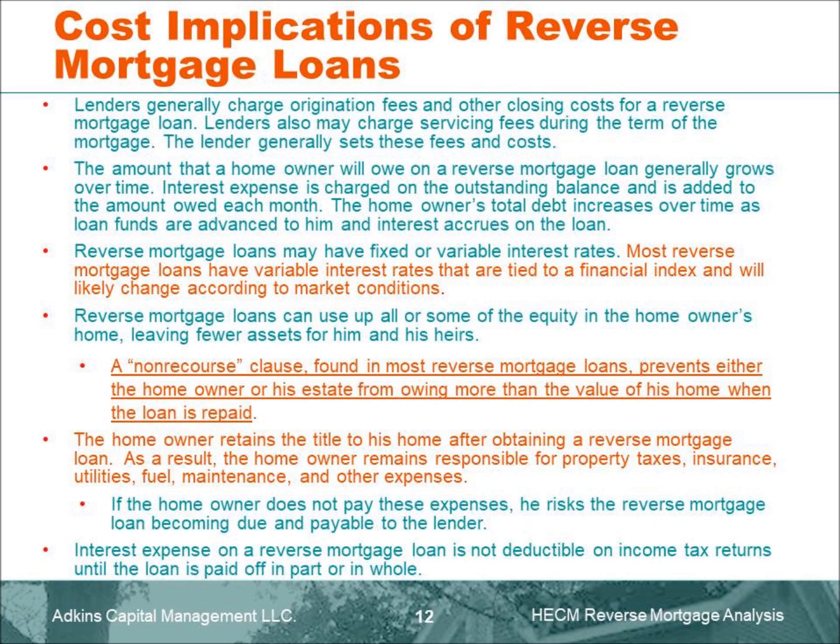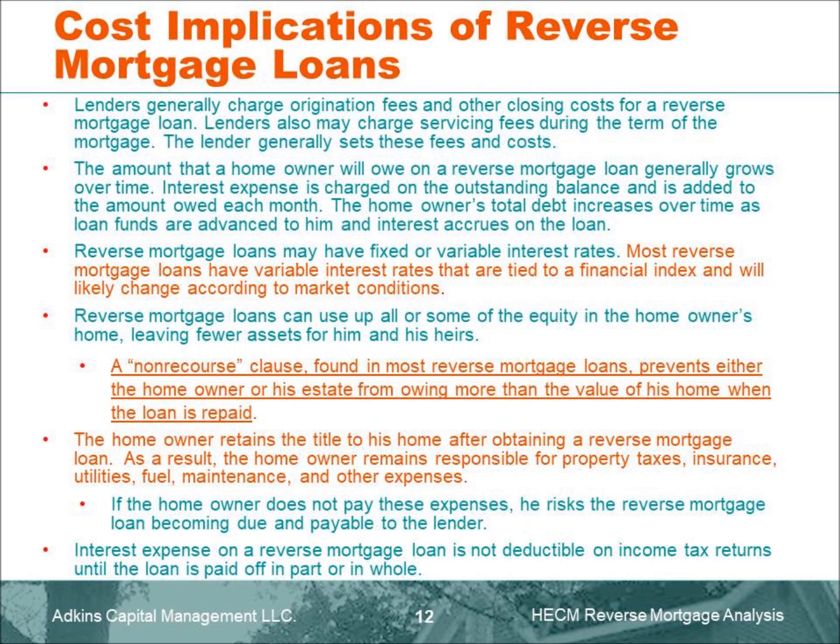The amount that a homeowner will owe on a reverse mortgage loan generally grows over time. Interest expense is charged on the outstanding balance and is added to the amount owed each month. The homeowner's total debt increases over time as loan funds are advanced to him and interest accrues on the loan.